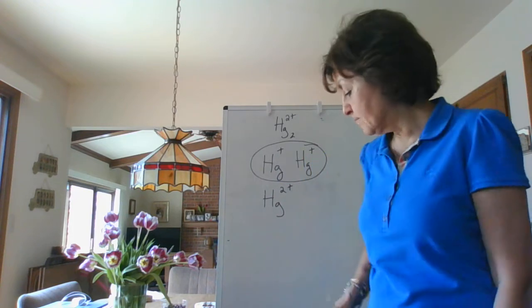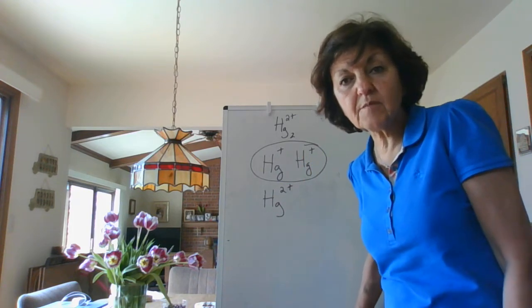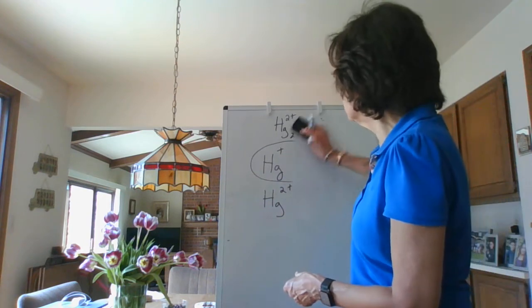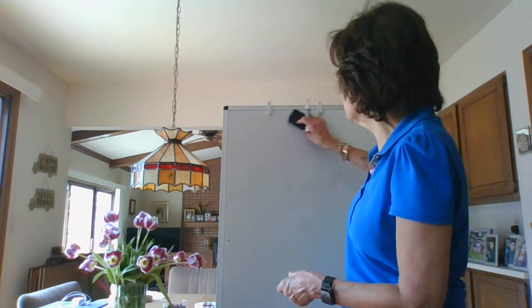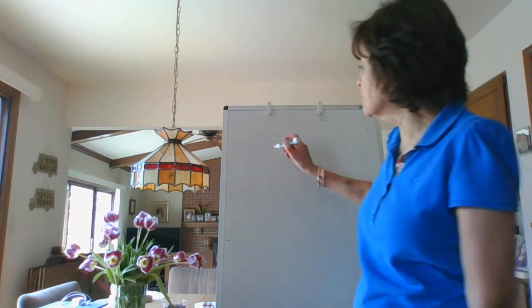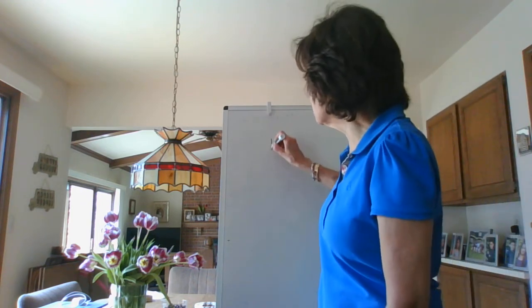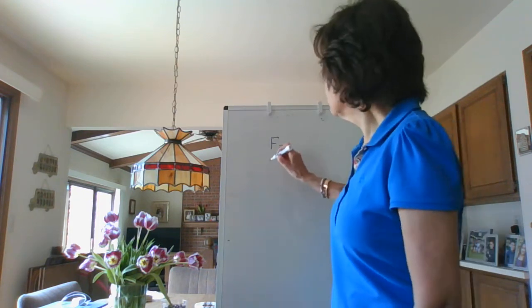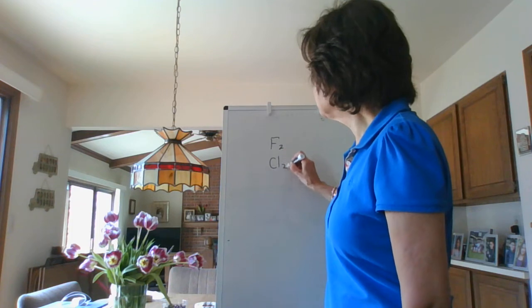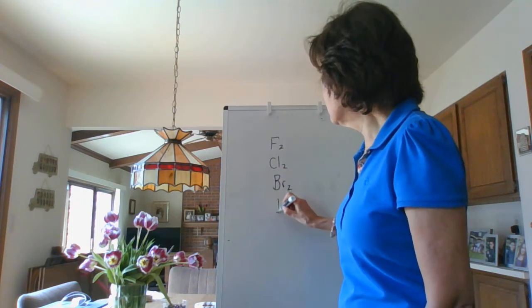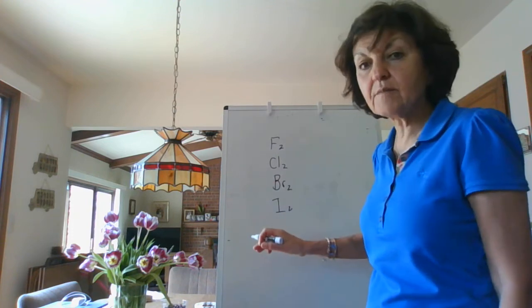Okay? Good. Do you guys remember the diatomic molecules? I don't know which video I'll mention this in, but may as well put them in here. There are 7 typical diatomic molecules. You've got the halogens, so fluorine always exists as 2 fluorines together. Fluorine, chlorine, bromine, iodine, always diatomic.